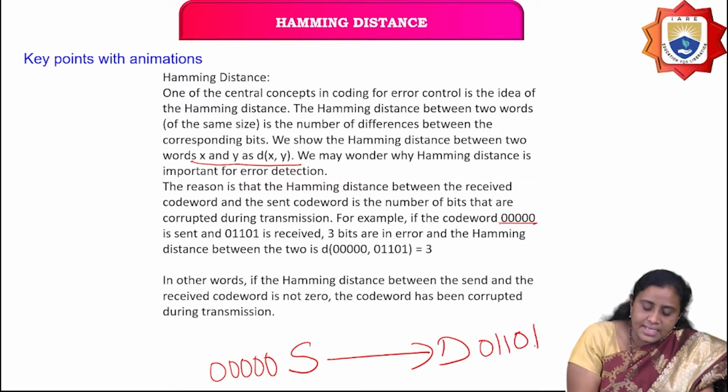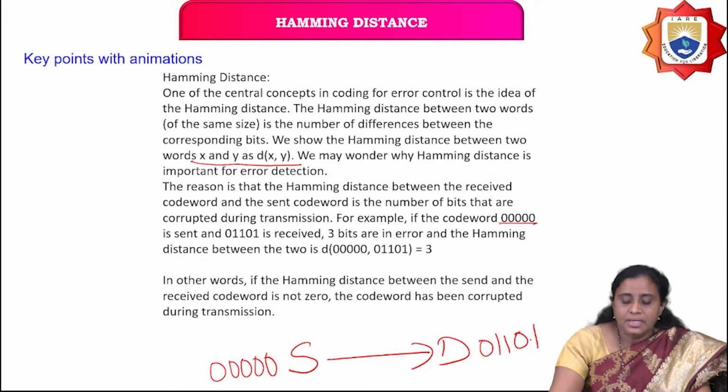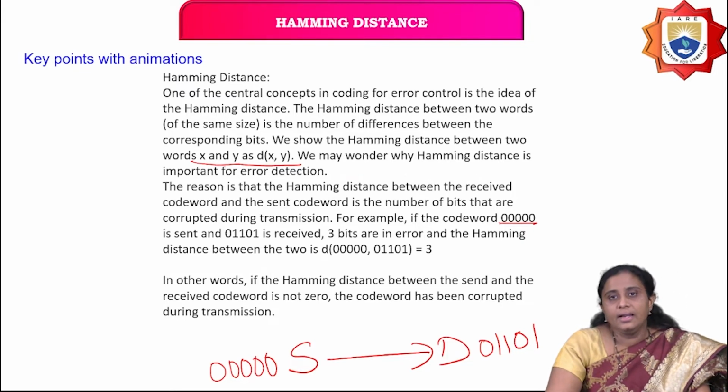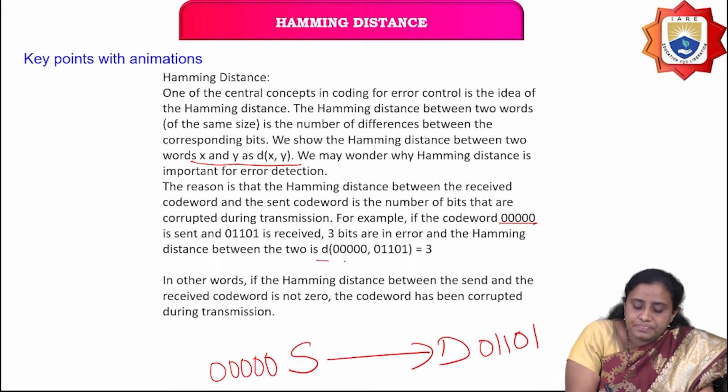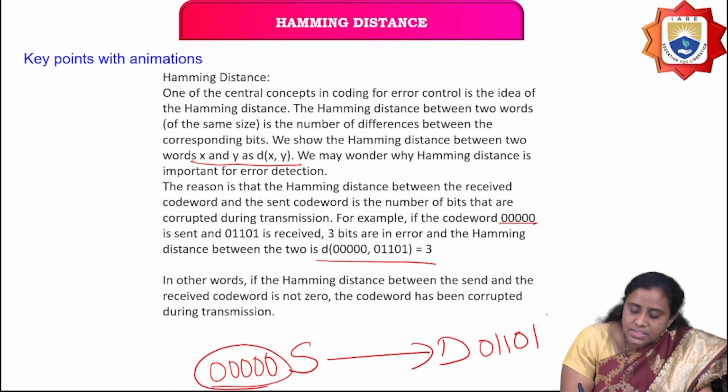The sending side is five zeros, and the destination side receives 01101. Three bits are in error, and the Hamming distance between the source side 00000 and the destination side 01101 is d = 3.